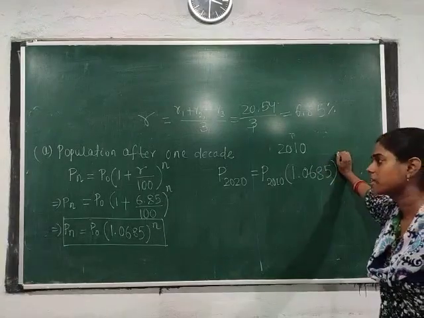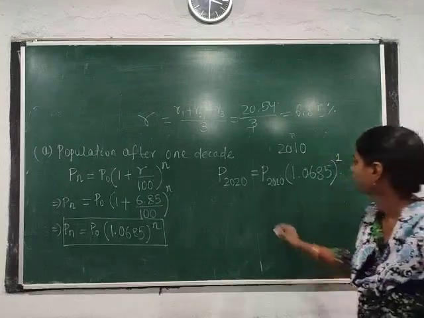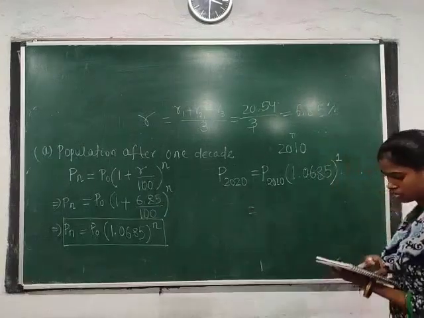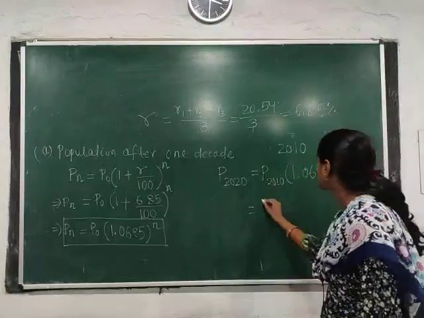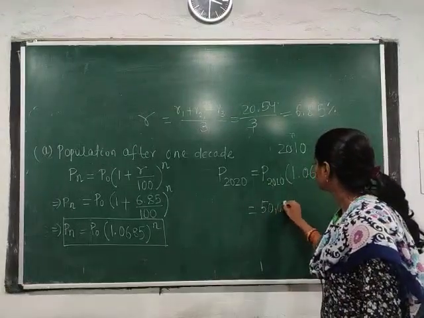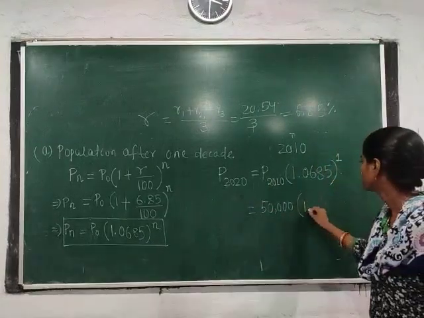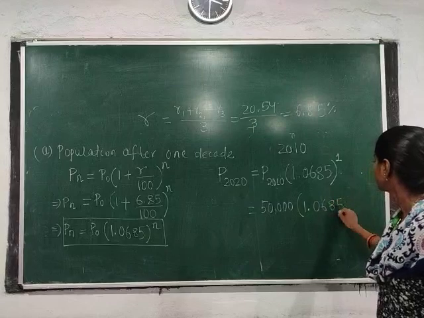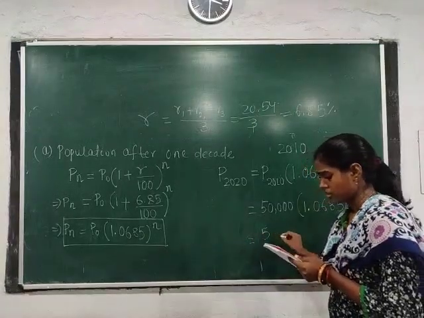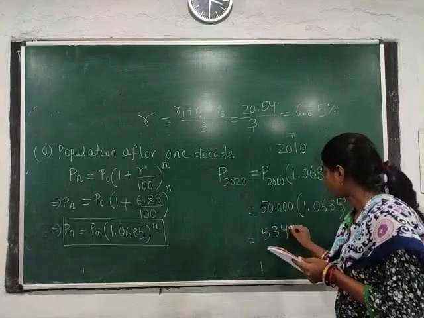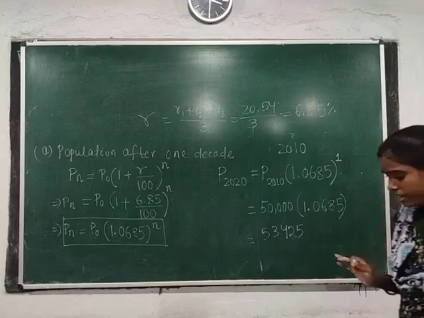In place of n, the difference is 1. The population during 2010 was 50,000. So put in place of P2010 50,000 whole into 1.0685. So it comes out to be 53,425. So this one is the population after one decade.